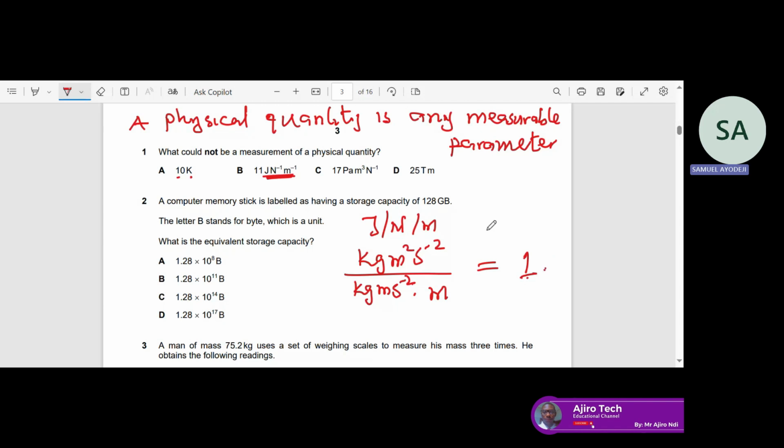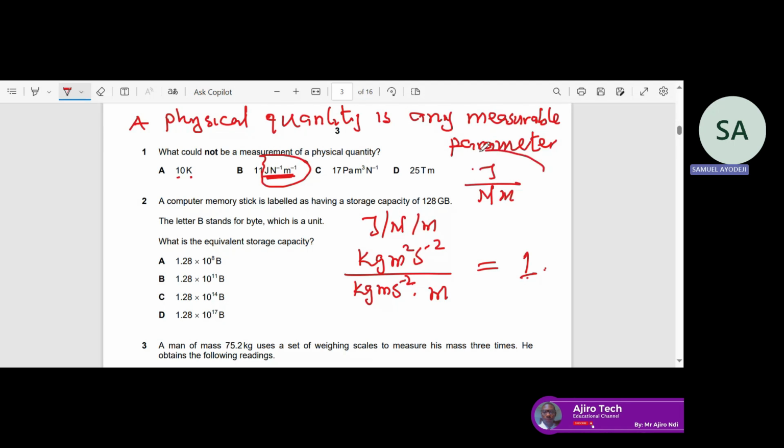Can you explain why you used that formula for energy? This Joule means energy, and per meter is the meaning of per meter.